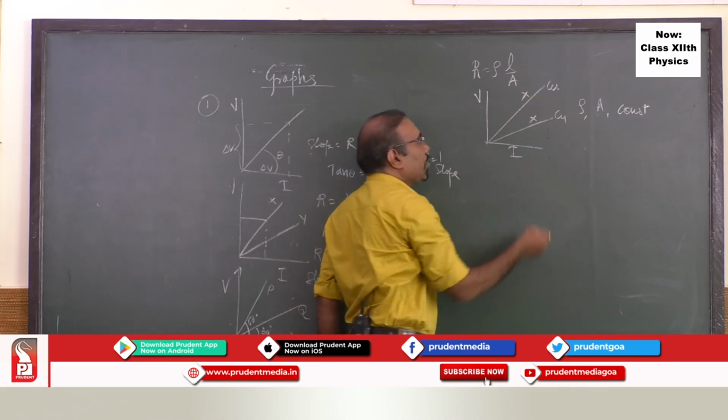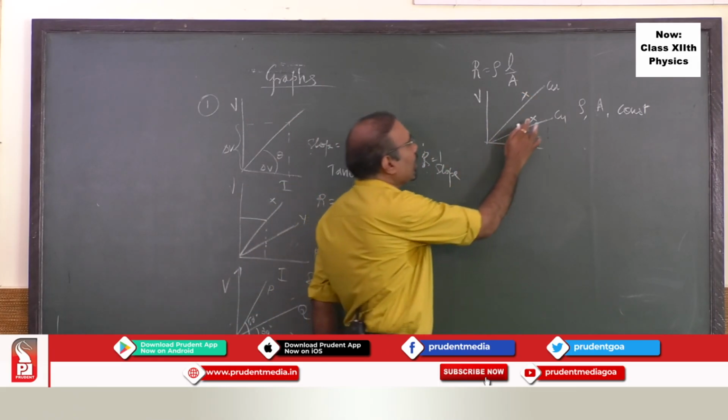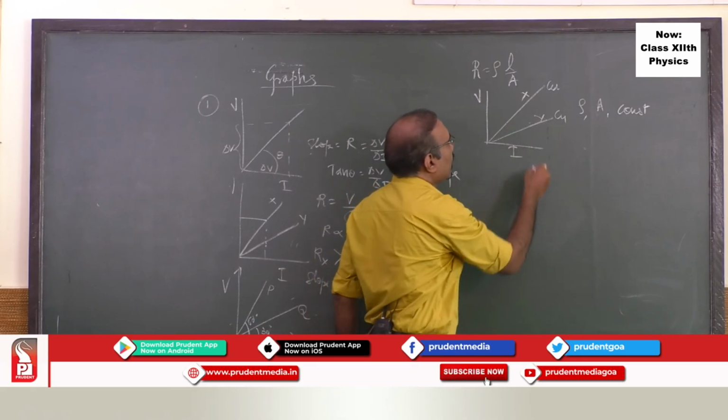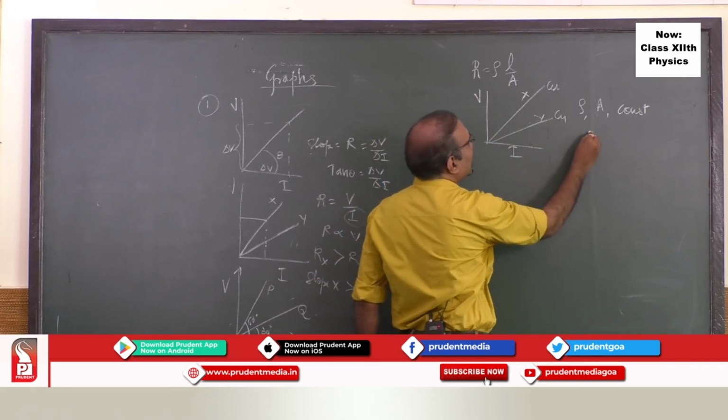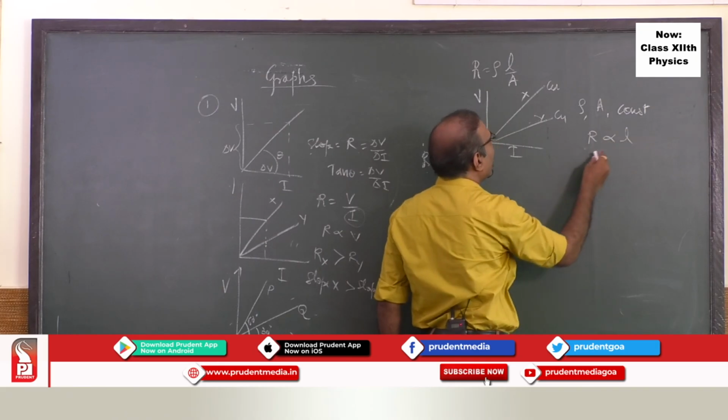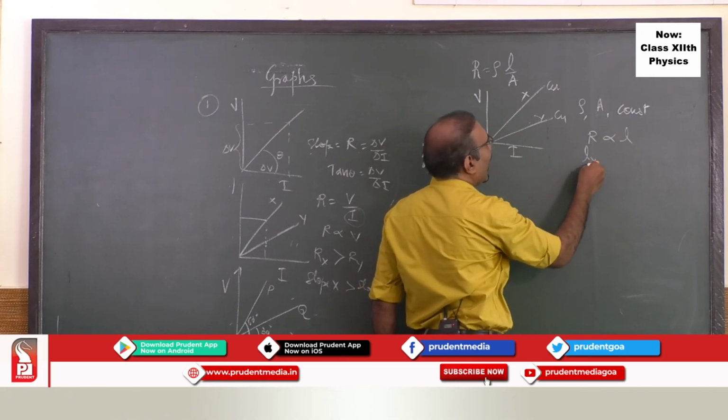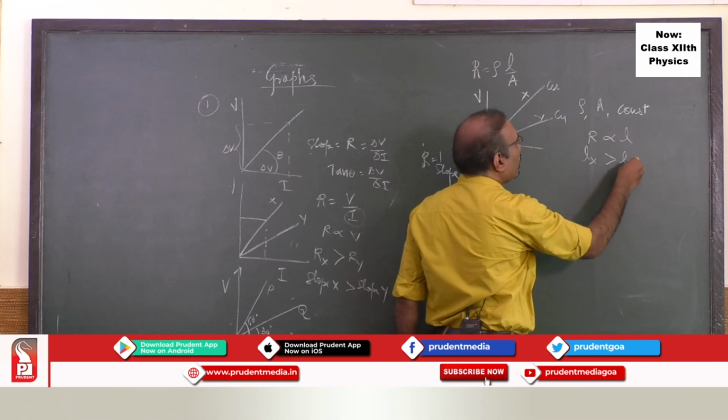Which graph or which resistor has a greater value of length? Resistance is directly proportional to length. So length of x will be greater than length of y.